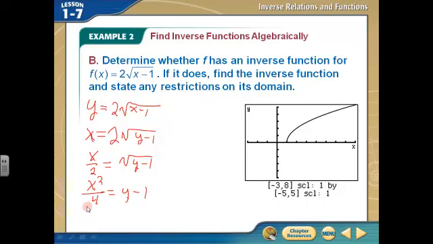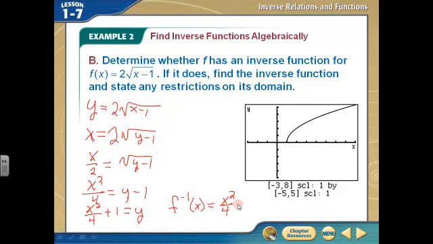Add 1 to both sides, and I finally have x squared over 4 plus 1 equals y. Changing this to what it should be, my final answer is f inverse of x equals x squared over 4 plus 1.